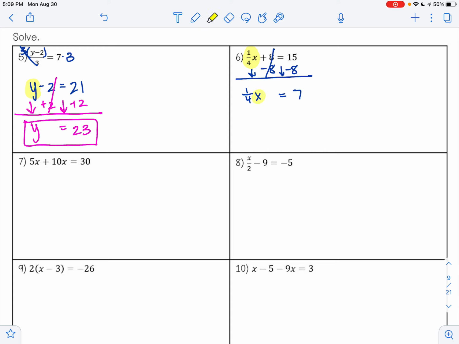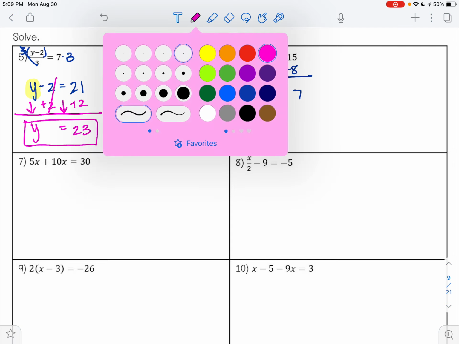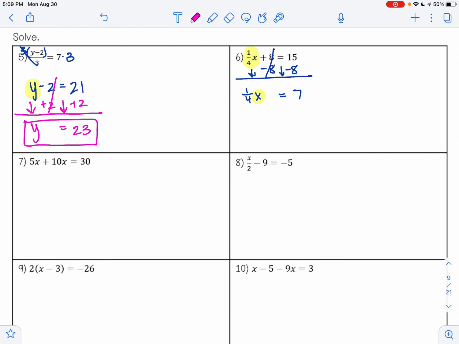I want to get x by itself. X is being multiplied by 1/4. So we can divide by 1/4. Or you could multiply by the reciprocal, 4/1.